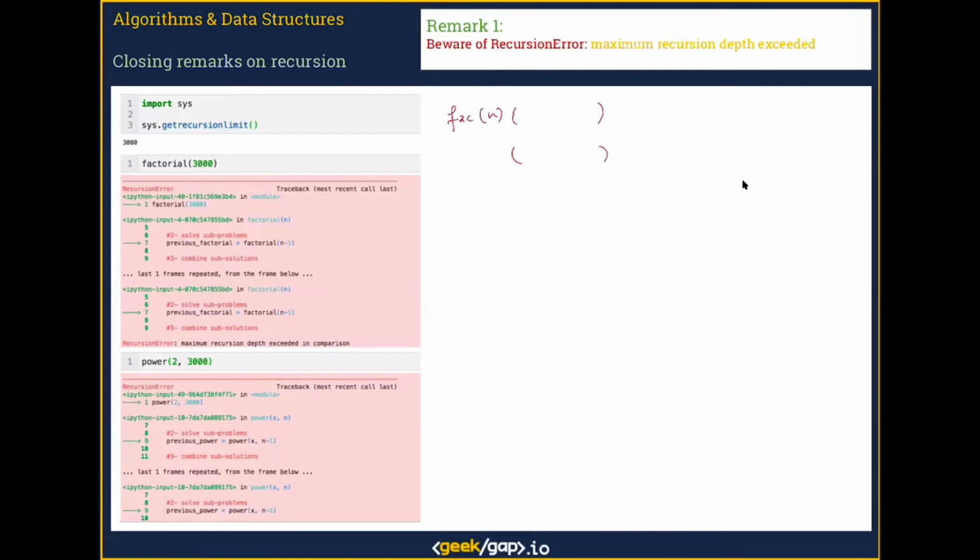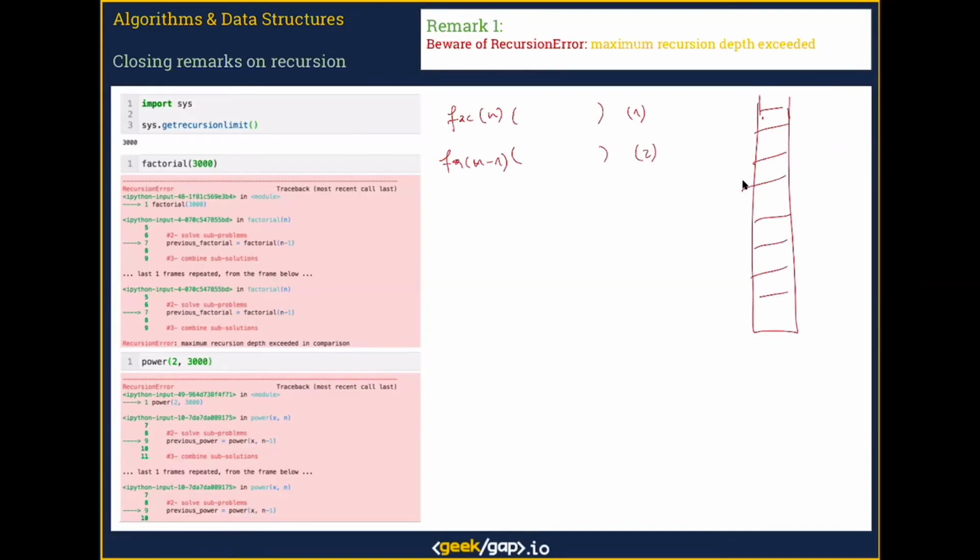We need to store something here and here when you're doing factorial of n minus 1. And we are storing this in a stack. We have something that we call a stack trace, and we store that in a stack. But that stack has a limit.